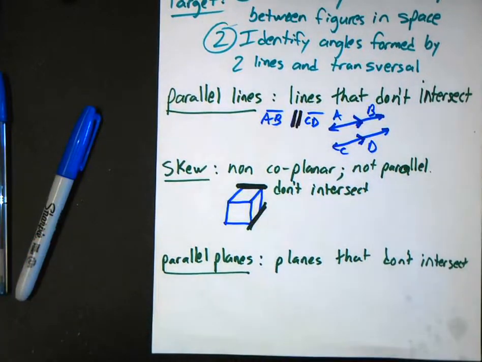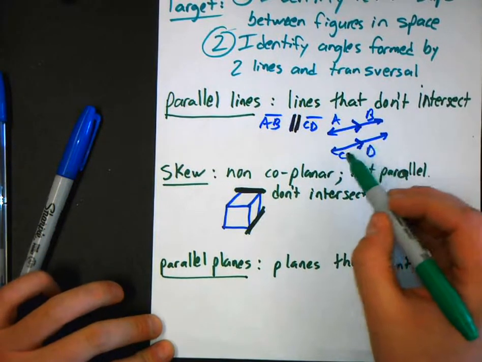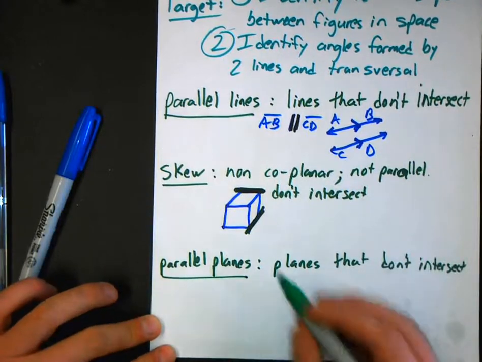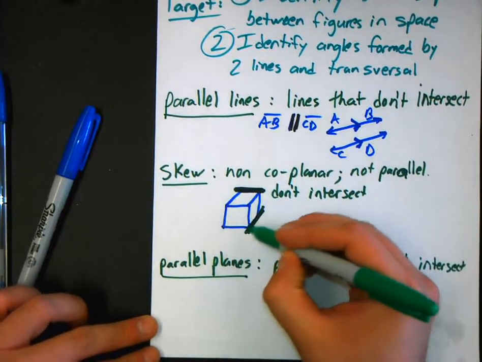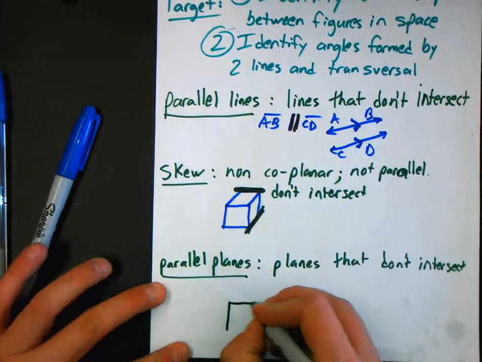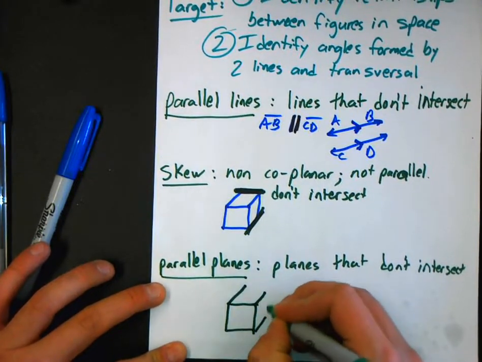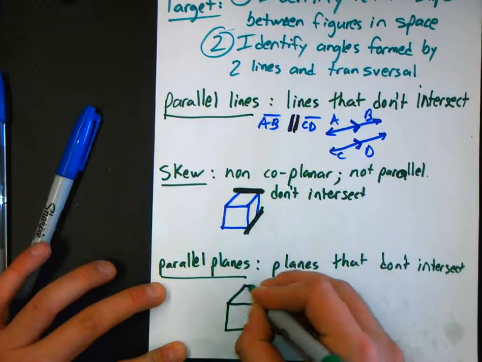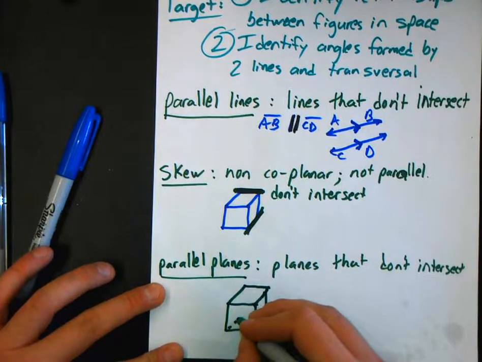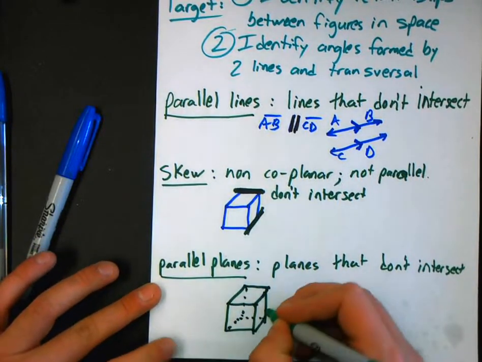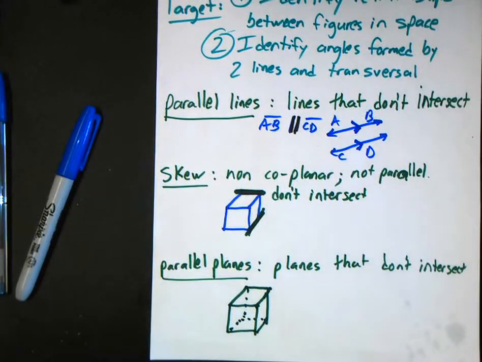And parallel planes is the last one, and they are planes that do not intersect. So instead of a straight line like we have up here, a plane is something like an entire face of the cube. Again, we're looking at some sort of three-dimensional object right here, and we can see all of the hidden faces.